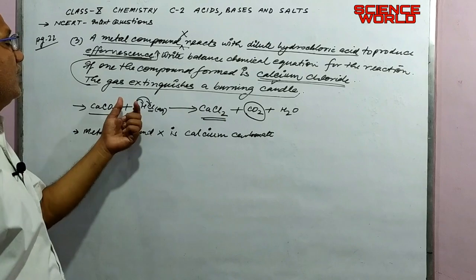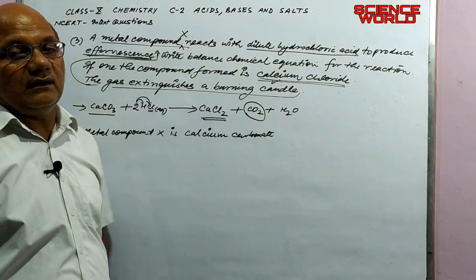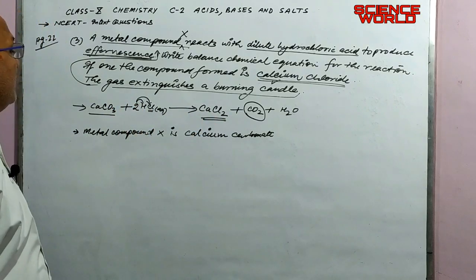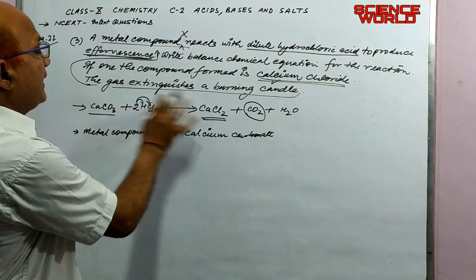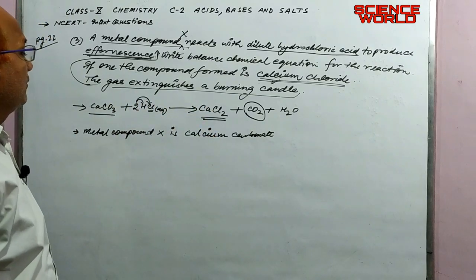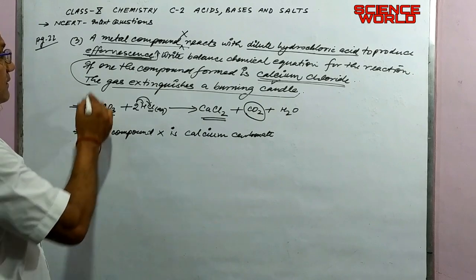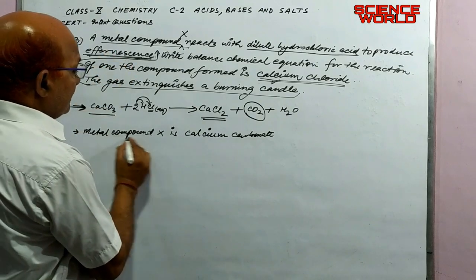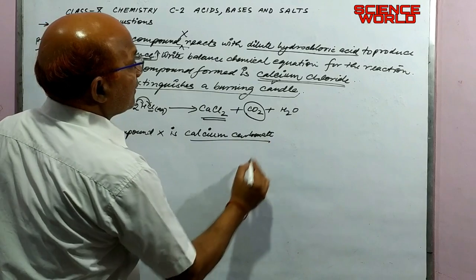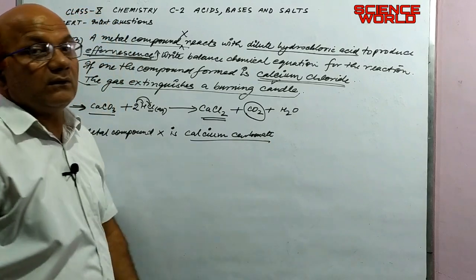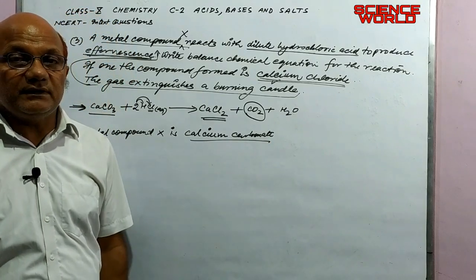So, chlorine atoms on both sides are balanced now, and now the entire reaction is balanced. So, this is the balanced chemical equation, and the metal compound X is calcium carbonate. Now, take a screenshot of it.